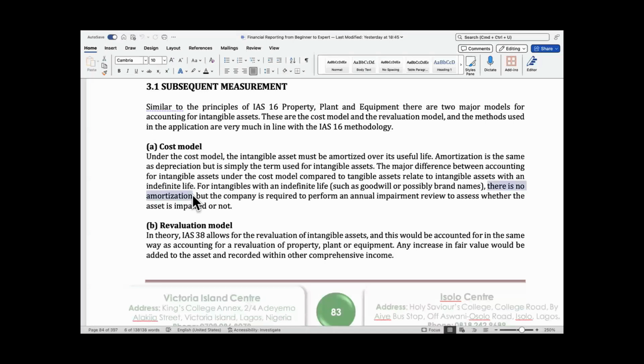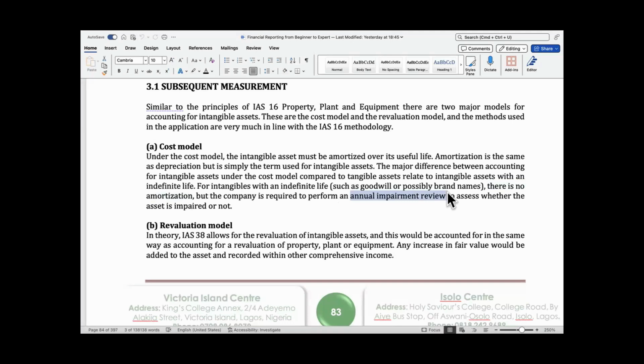What we usually do is that the company is required to perform an annual impairment review on that asset to assess whether the asset is impaired or not. So there is no amortization. All they do is just to do annual impairment review.